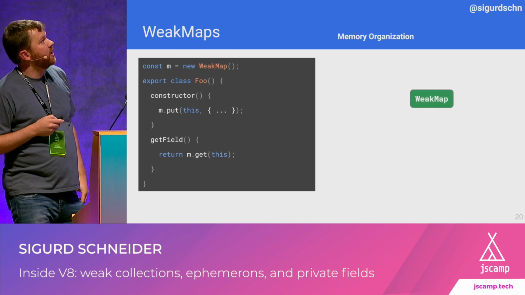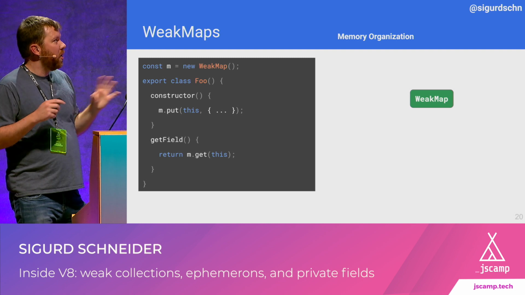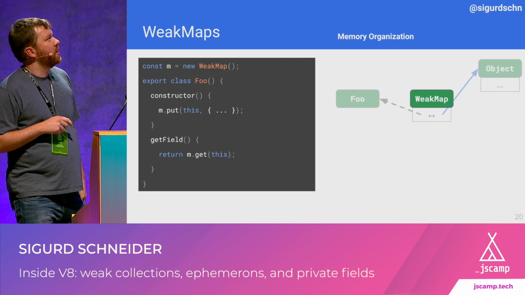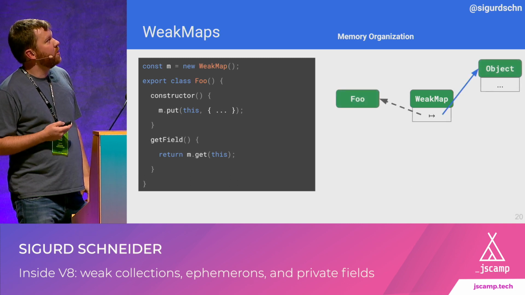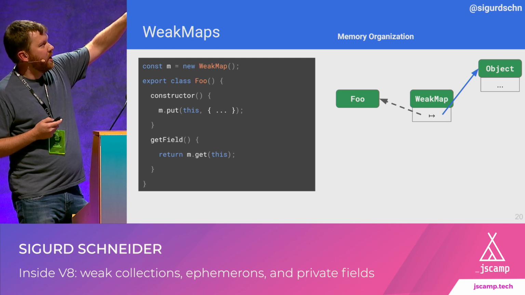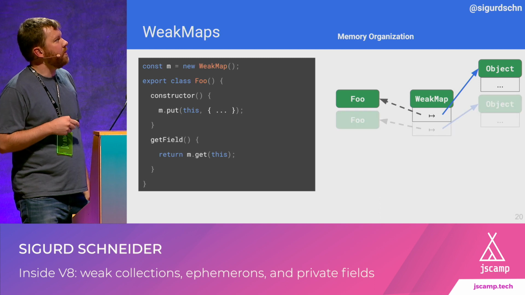So how does this look in the heap? We have one weak map, which will store all the values for this private field for all the objects of class foo. And when we create an object of class foo, then there will be an entry which uses foo as a key and points to whatever we want to have in the private field.